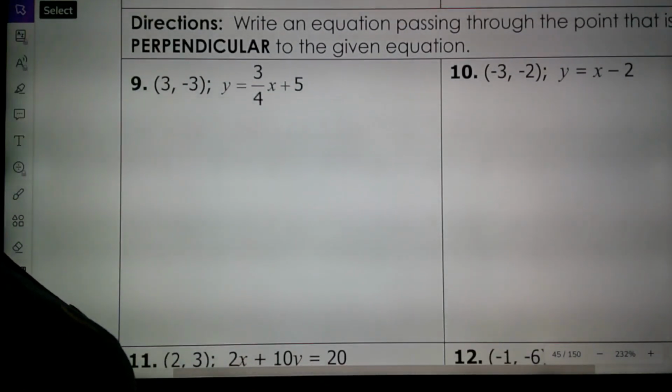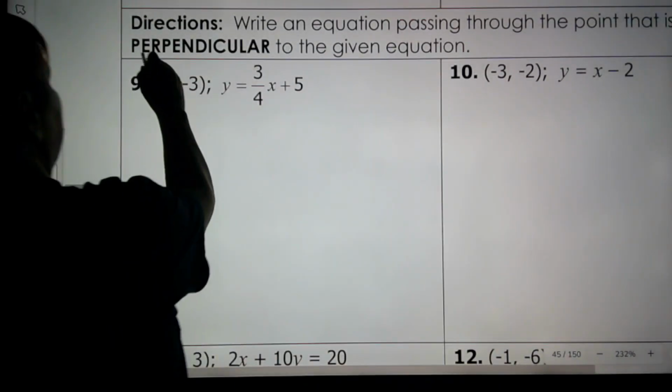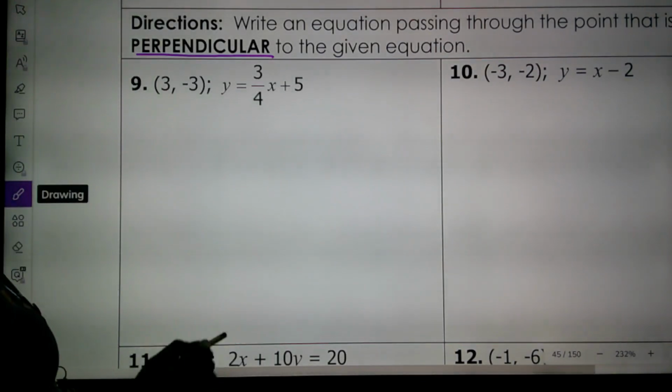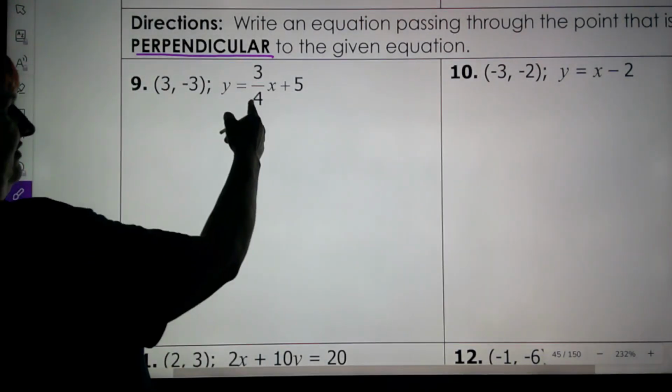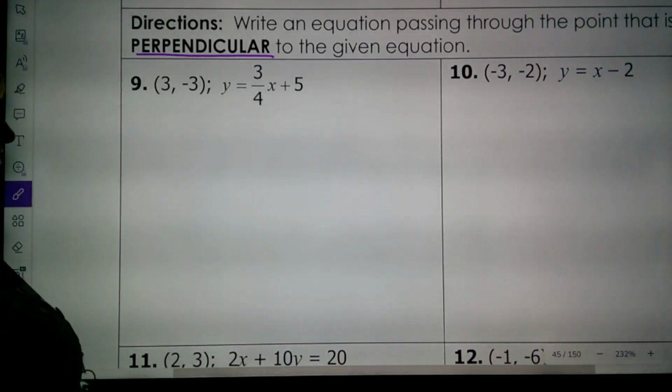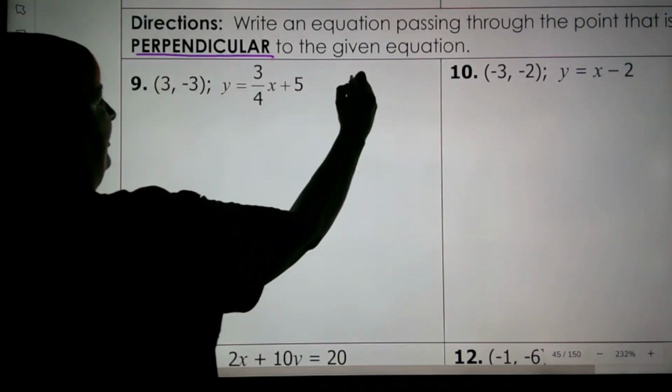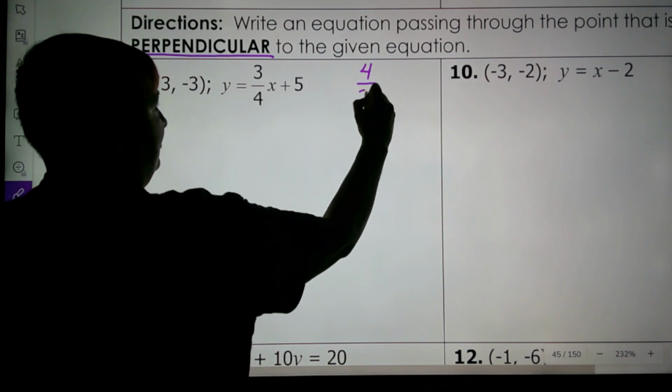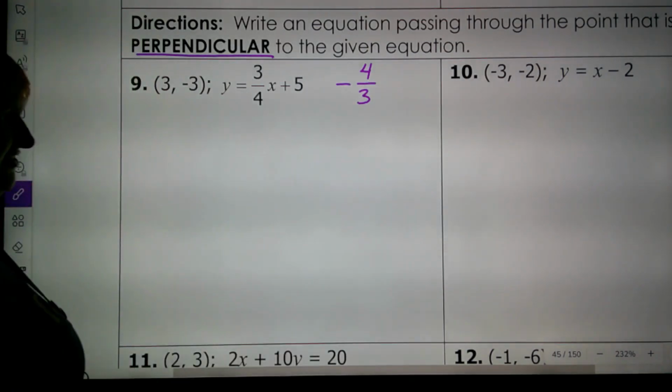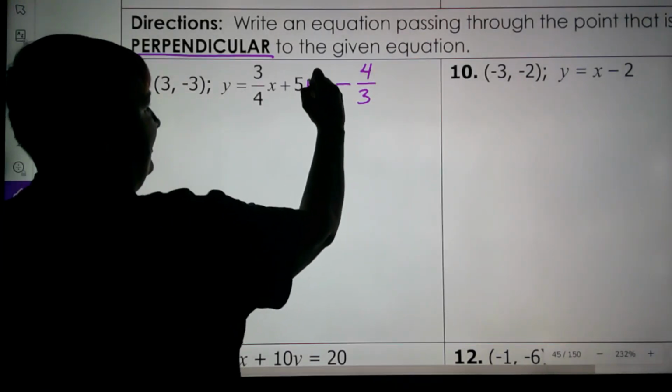This time it says do perpendicular. So we know we're going to do negative reciprocal. It's already in slope-intercept form. We want the negative reciprocal, so we're going to flip the fraction and change the sign.